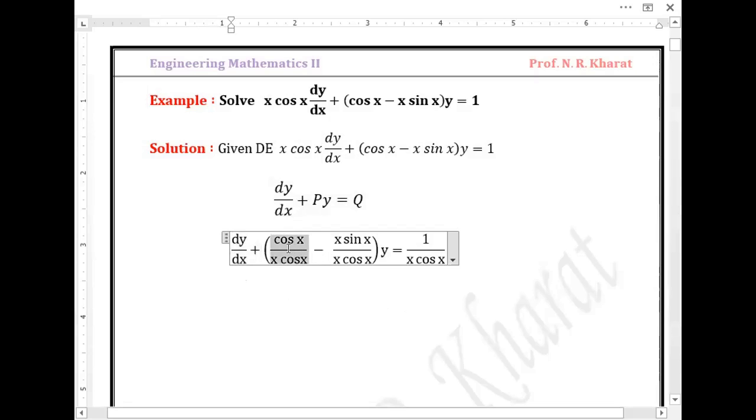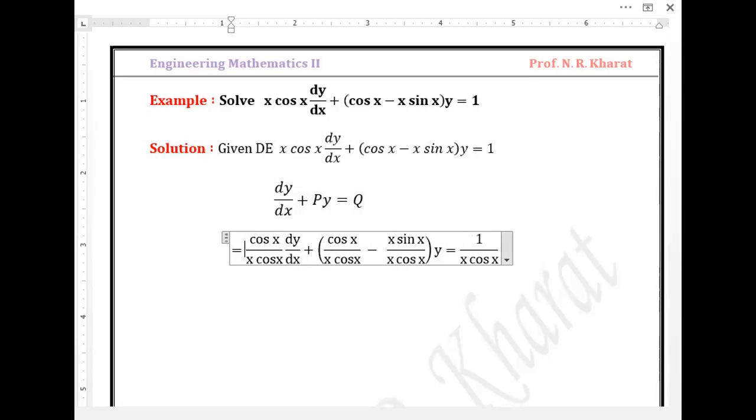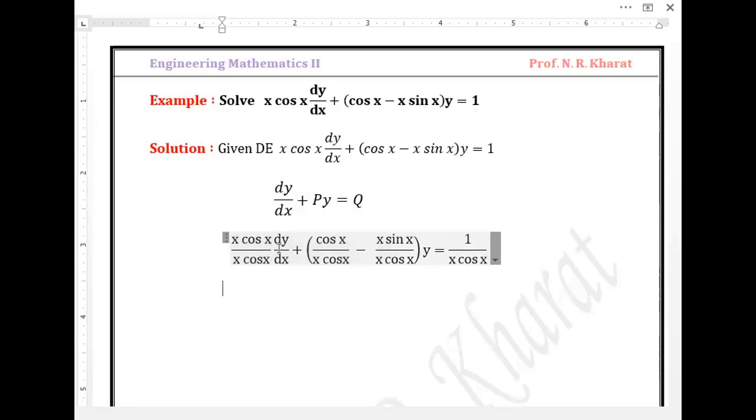After just dividing the whole differential equation, this is the actual scenario: x cos x dy by dx divided by x cos x, then (cos x minus x sin x) divided by x cos x is multiplied by y. The right hand side is also divided by x cos x. After simplification, the coefficient of dy by dx becomes 1.